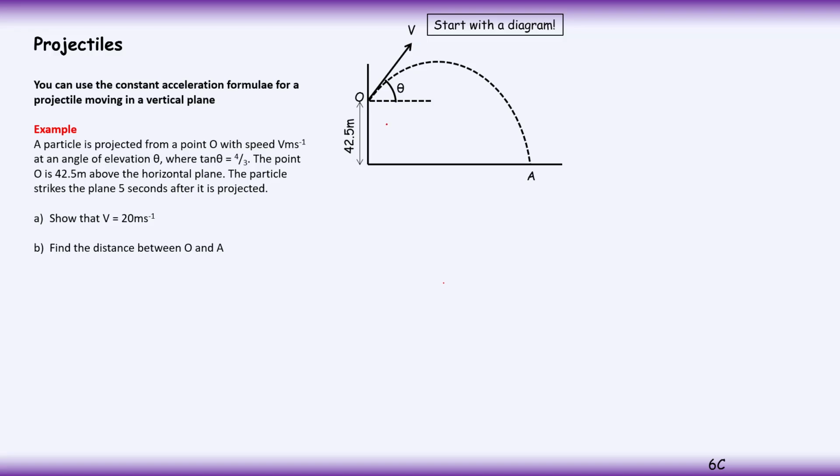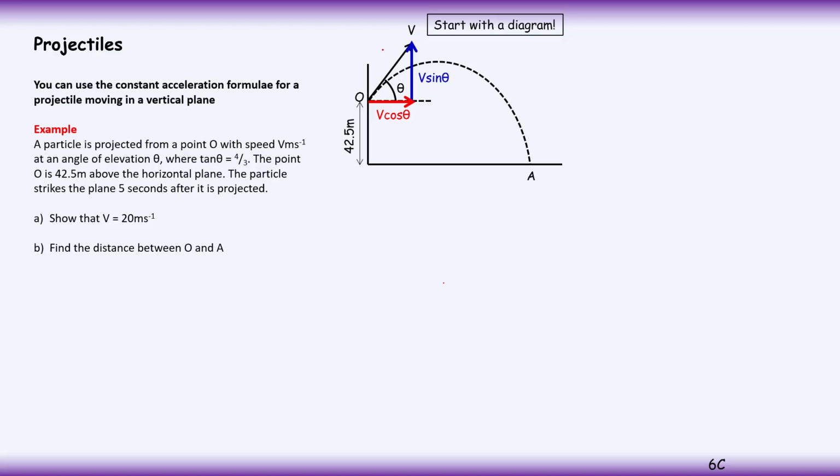So, horizontally, it's next to the angle, so it's adjacent to the angle, so that's going to be v cos theta, and vertically, it's opposite to the angle theta, it's going to be v sine theta. Okay, so now we've got our sketch.